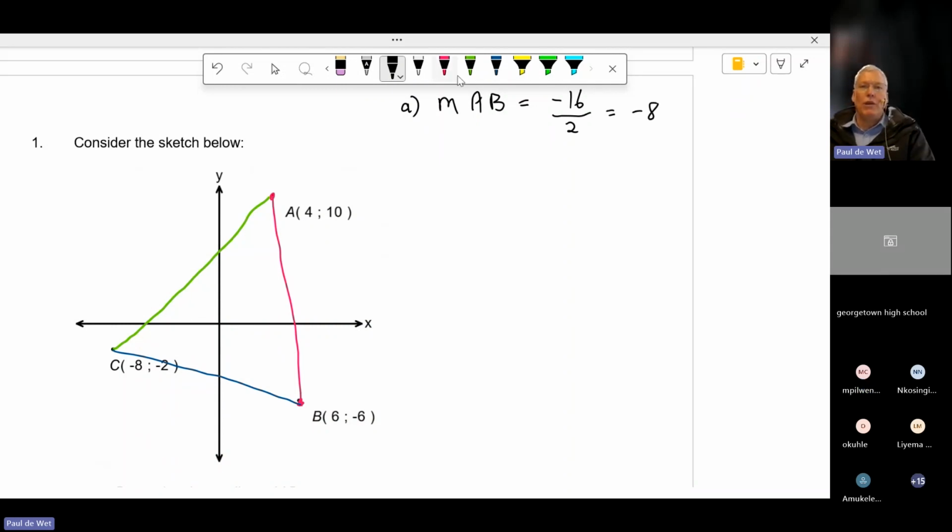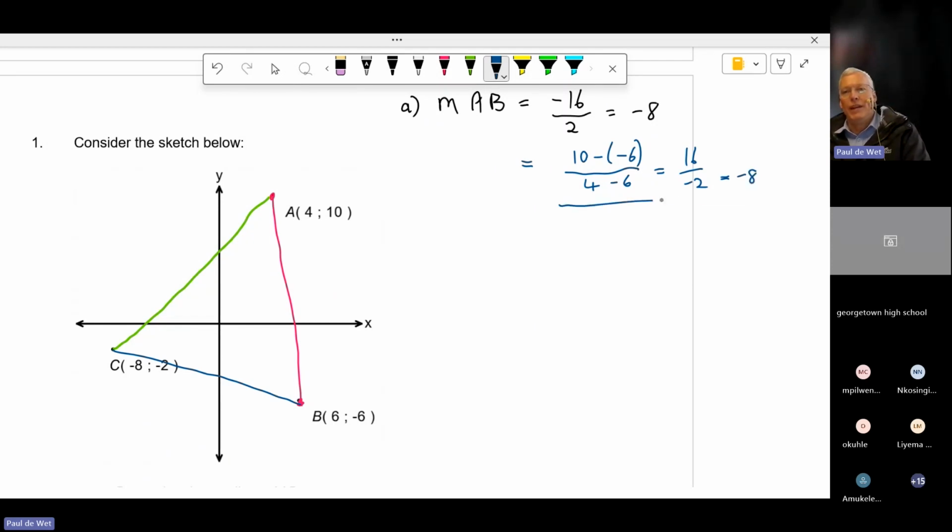I know that many of you would have done that using the formula. I don't use the formula. If you want to use the formula, it's y value minus y value, over x value minus x value. So 10 minus -6, over 4 minus 6. So we get 16 over -2, we get -8.